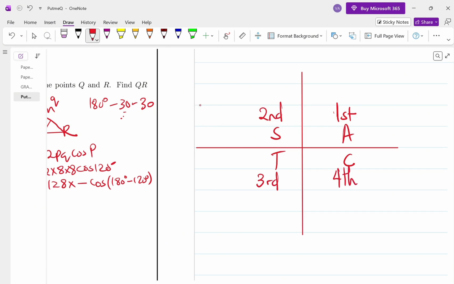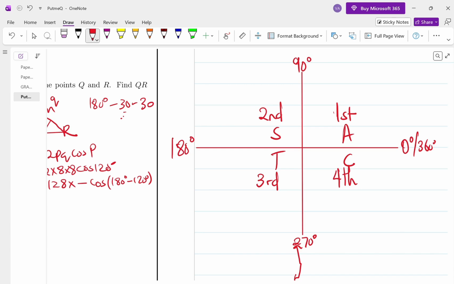Now, in the first quadrant, all trig ratios are positive. This is 0 degrees to 90 degrees, 180 degrees to 270 degrees, and then 360 degrees. These are the angles that we have.